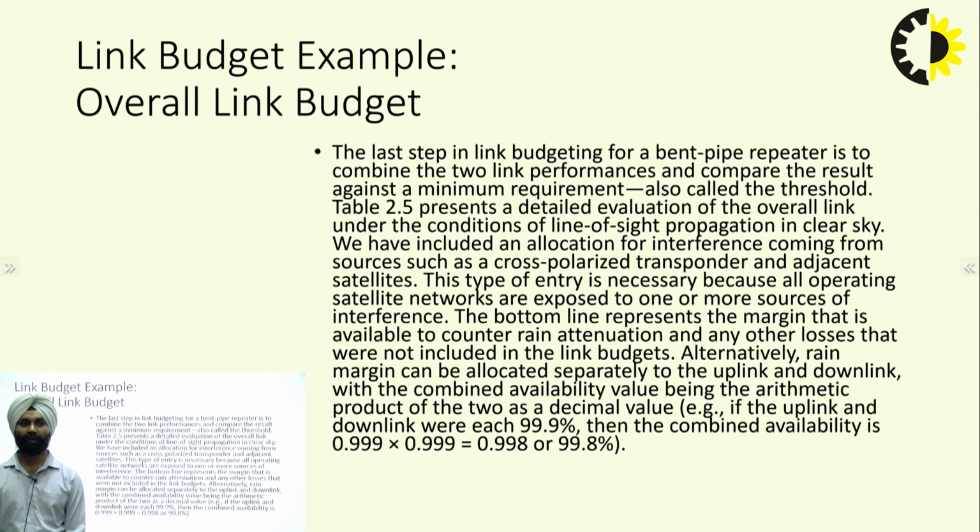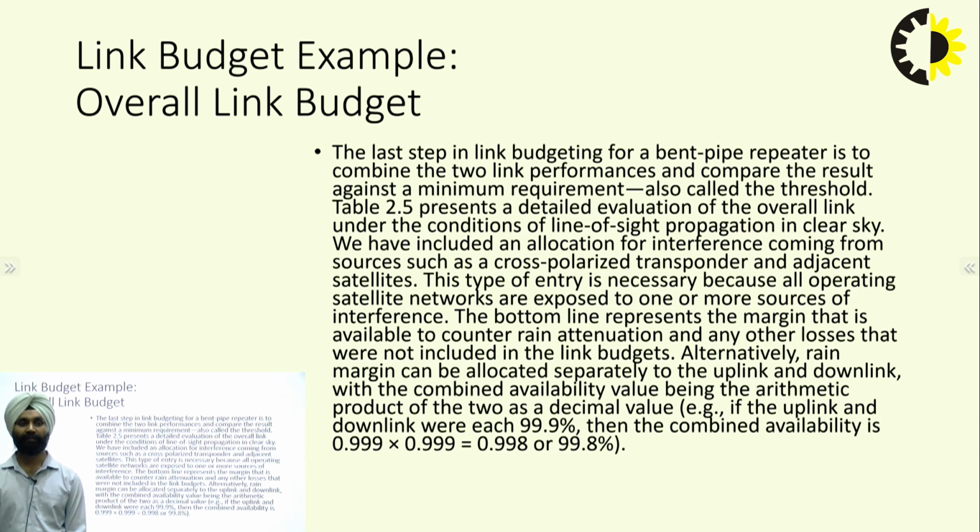We have included an allocation for the interference coming from sources such as the cross polarized transponder and adjacent satellite. This type of entry is necessary because all operating satellite networks are exposed to one or more sources of interference. The bottom line presents the margin that is available to counter rain attenuation and any other losses that were not included in the link budget.